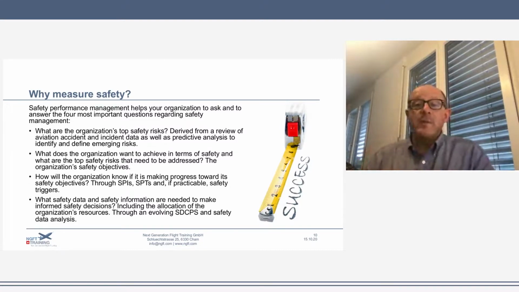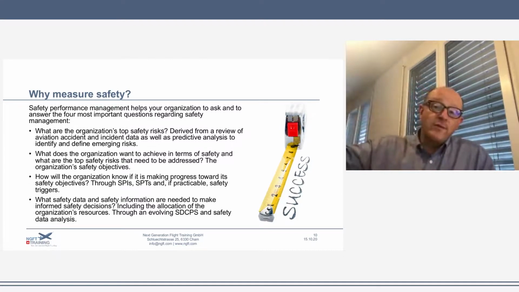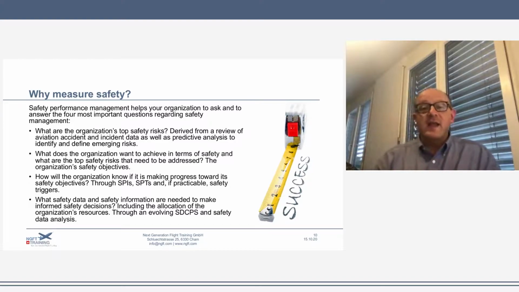And we also, based on our experience, will look forward and try to predict what could be the worst thing that can happen to us and how can we prevent that. All of this is not possible without having any indication of what a safe operation is, or what the likelihood of a major event will be.